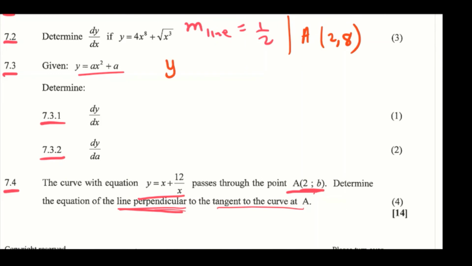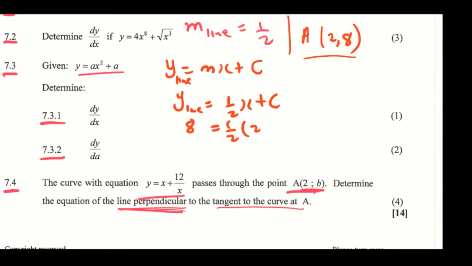So we have y equals mx plus c, the equation of the line. So y is equal to the gradient of 1 over 2 x plus c. So substitute the point (2, 8): 8 is equal to 1 over 2 into 2 plus c.